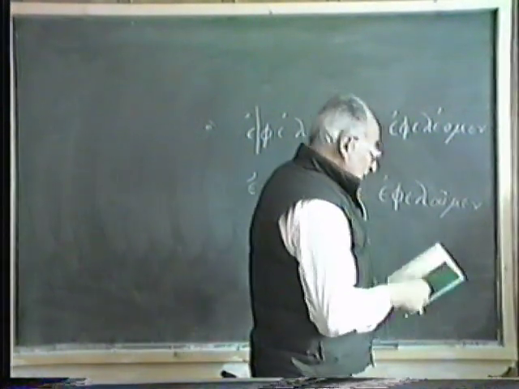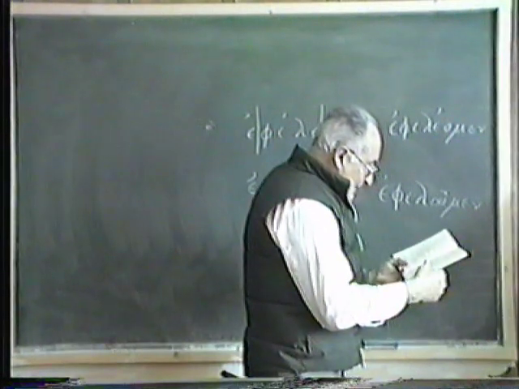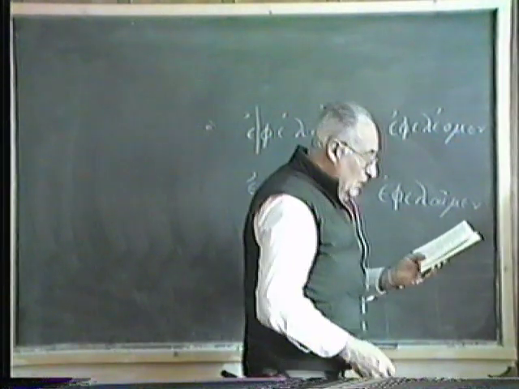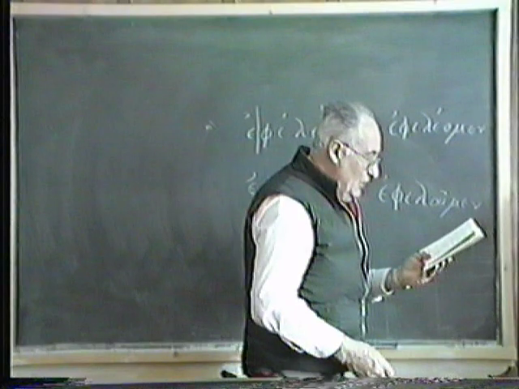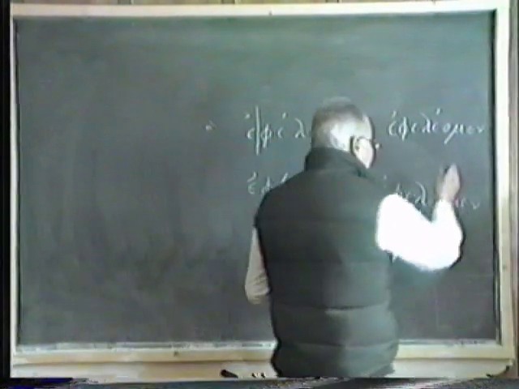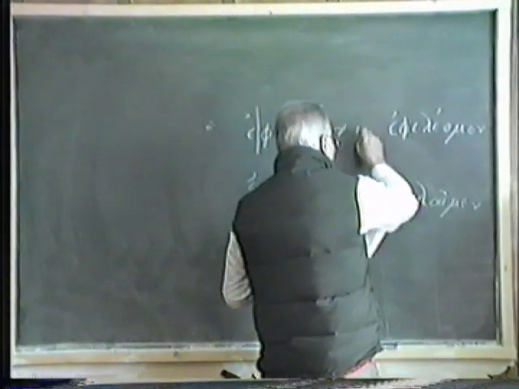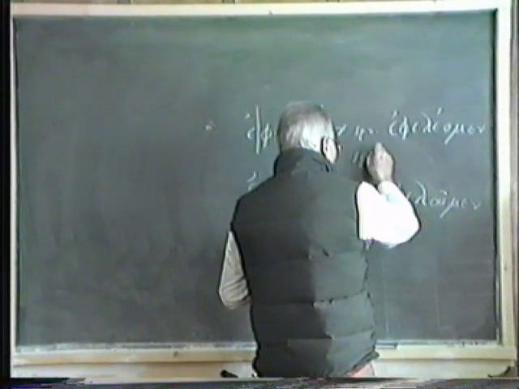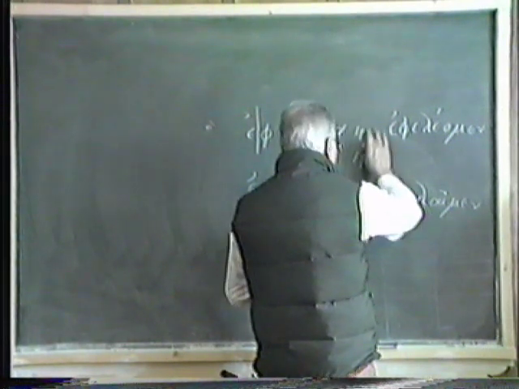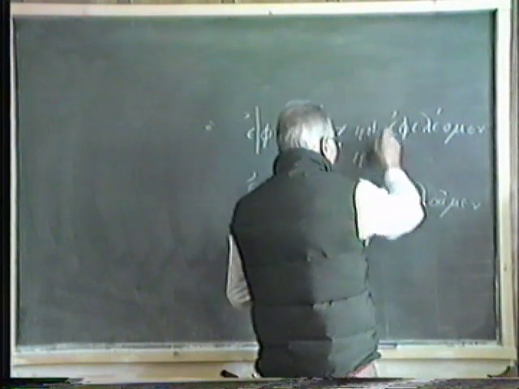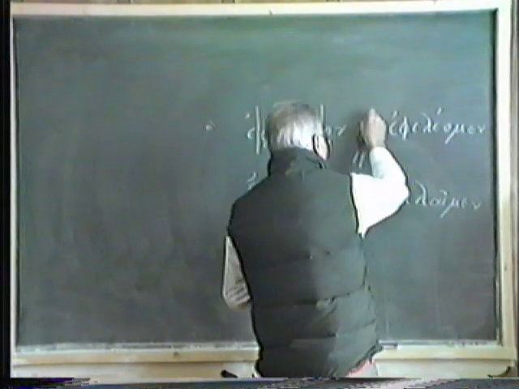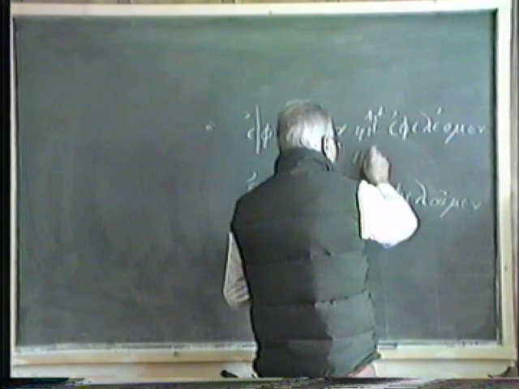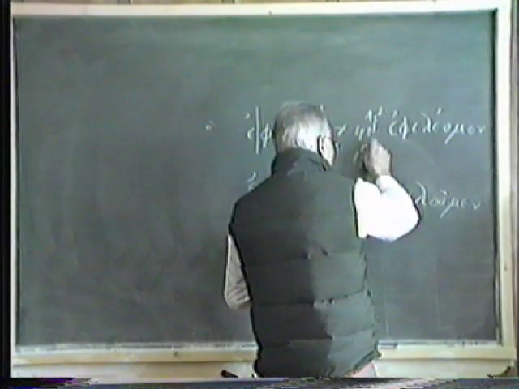Now then, let's just go down to the first person plural middle to show you what takes place here. Instead of this, which is the first person singular, now let's go to the first person plural in the active. Now let's go to the first person plural in the middle.